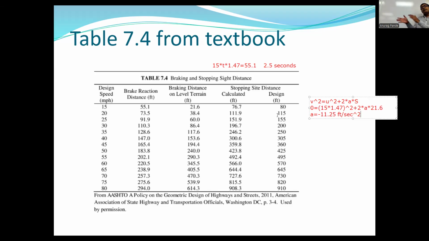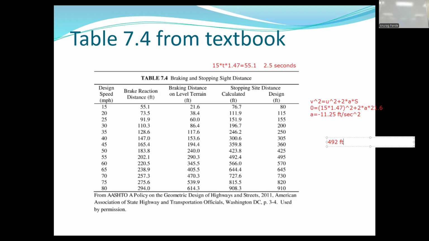Sometimes we go the other way. Sometimes in problems, you will estimate how much distance the drivers can see, right? So let's say you design a curve, and we'll learn how to do that, and you figure out that the drivers can only see 492 feet.